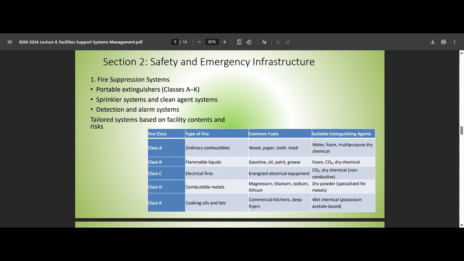Say, for example, for a Nestle manufacturing plant, they may not require Class D, they require Class A type of extinguishers, or Class A or Class B. Okay, now that's why we say, based on the facilities content, the fire suppression systems is tailored according to the facilities contents.